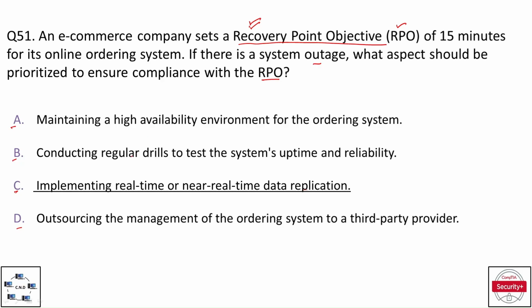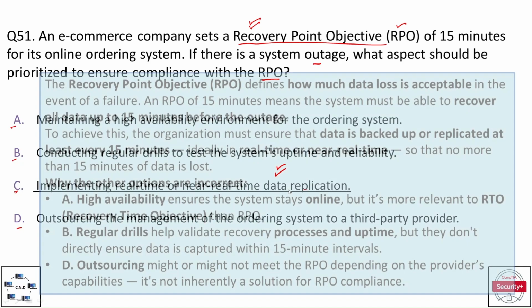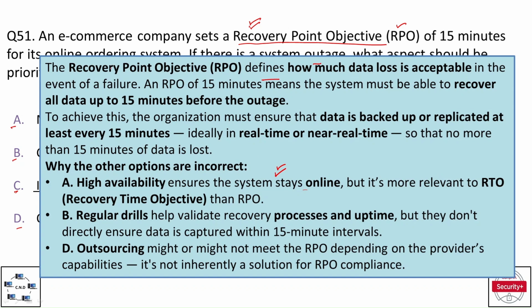as I said, the recovery point objective deals with the data backup or data replication. So the correct option is implementing real-time or near real-time data replication. And the explanation is, the recovery point objective defines how much data loss is acceptable in the event of a failure, the failure of this online ordering system.